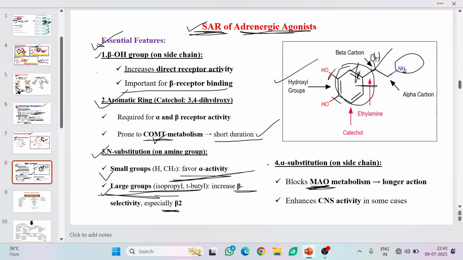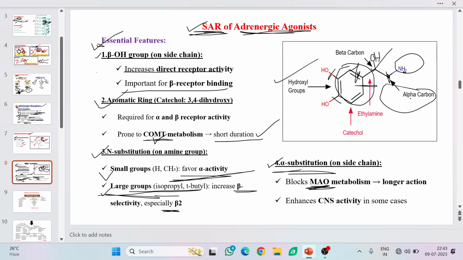Then coming to the fourth most important part of these agonists, alpha substitution. This carbon is the alpha carbon, and substitution at this carbon is called alpha substitution.